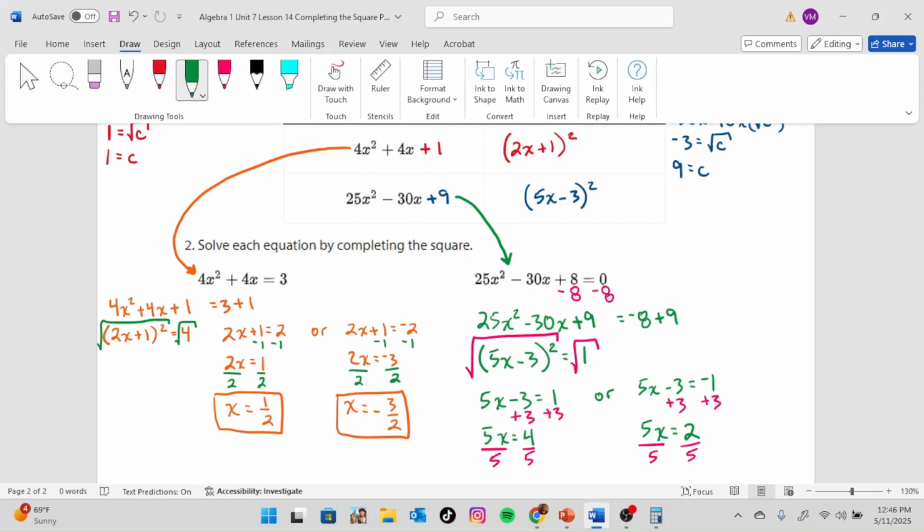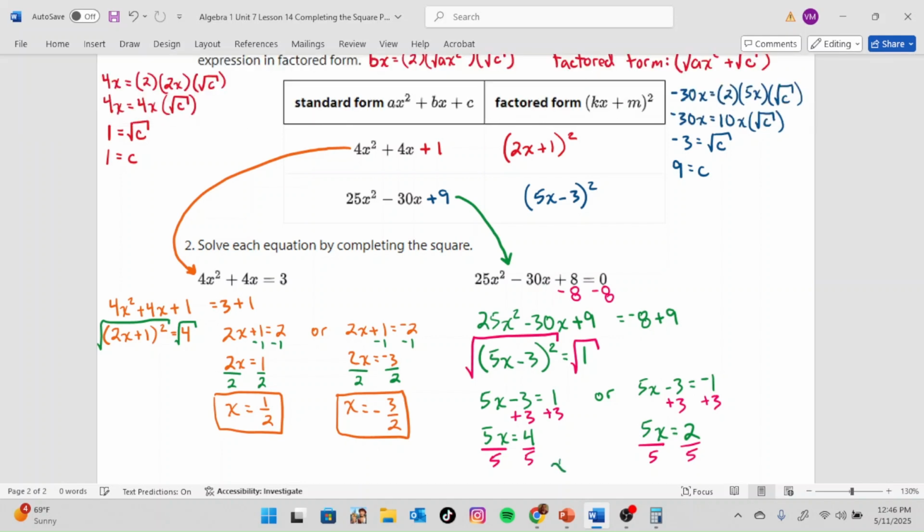And we get the final answers. X equals 4 over 5, or x equals 2 over 5.